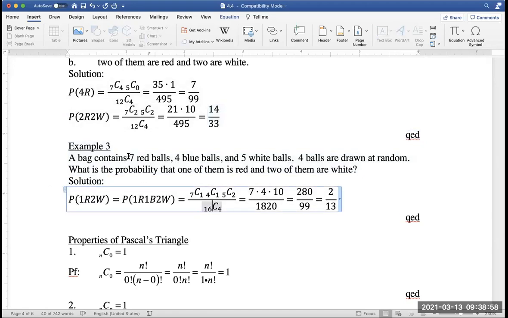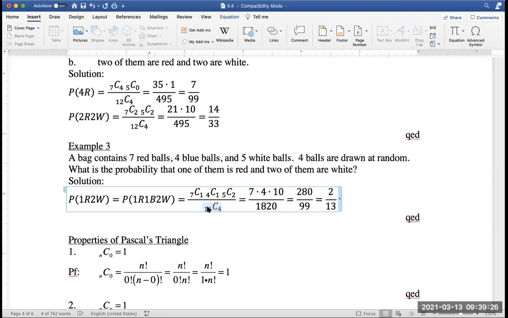There are a total of 7 red, 4 blue, and 5 white balls. That's 16 balls. And I'm going to choose 4 of them. So 16, choose 4. Again, these are balls, so it's being chosen. So order doesn't make any difference.